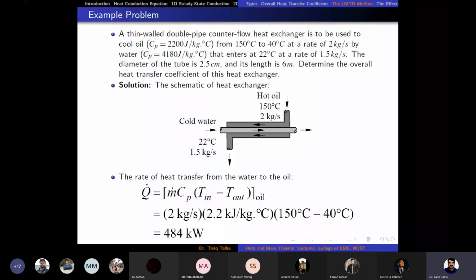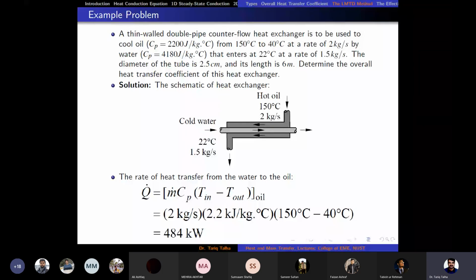So q dot would be equal to m dot cp times t in minus t out. It is for the hot fluid, that is oil here, from 150 to 40 degrees. So you can see that th in is 150, th out is 40 degrees. It comes out to be 484 kilowatt.